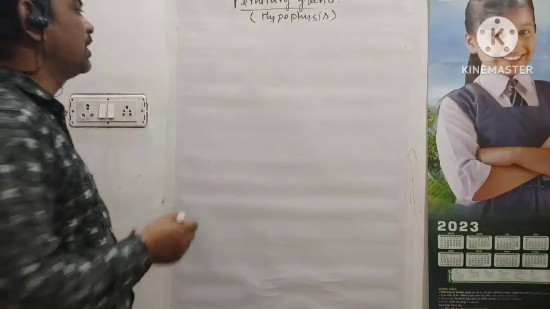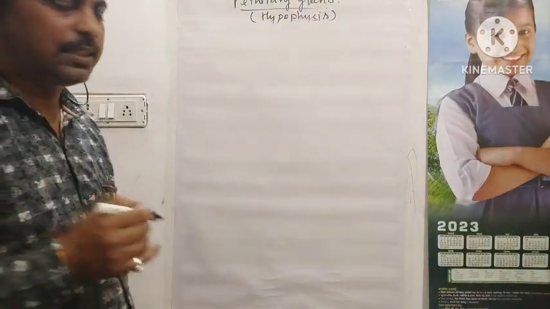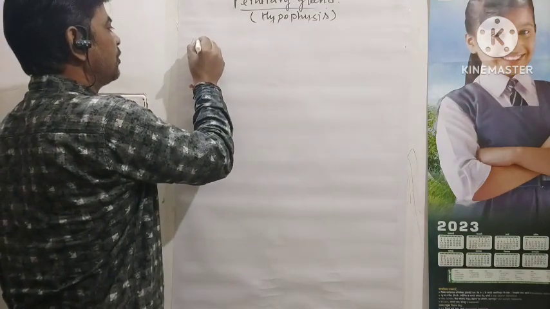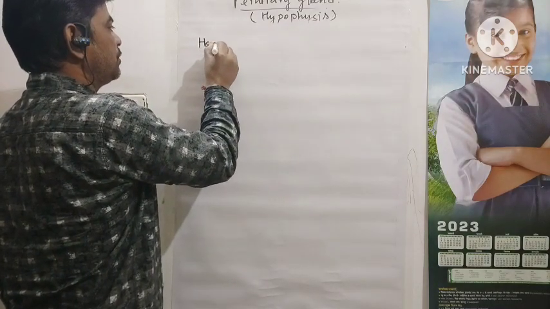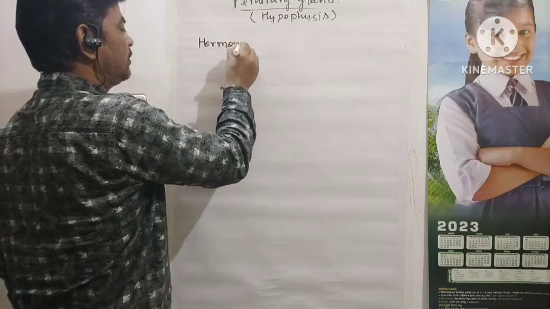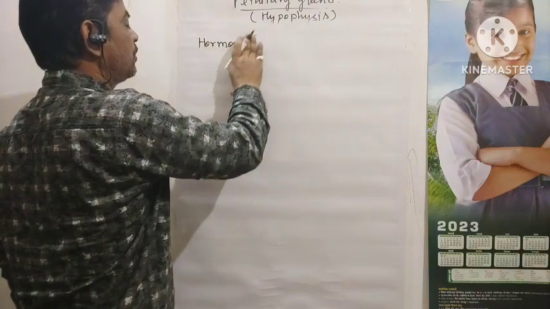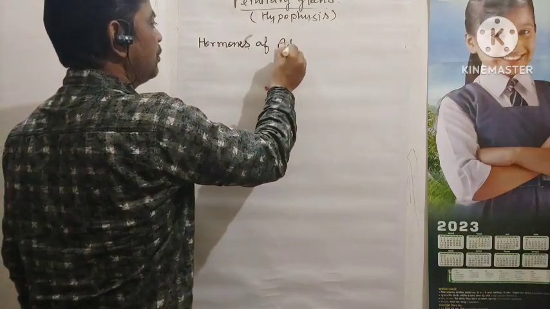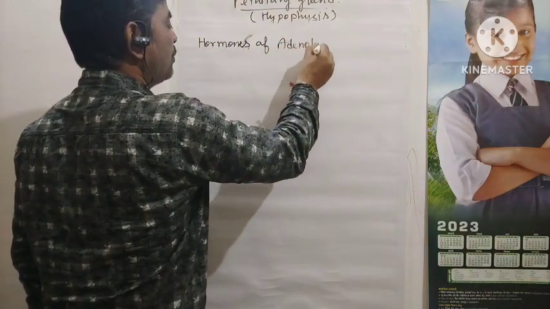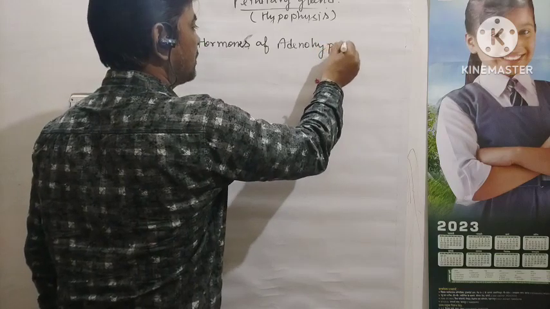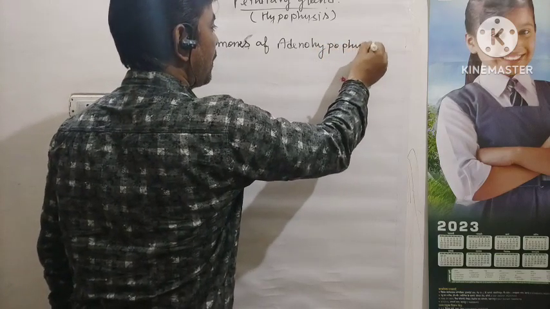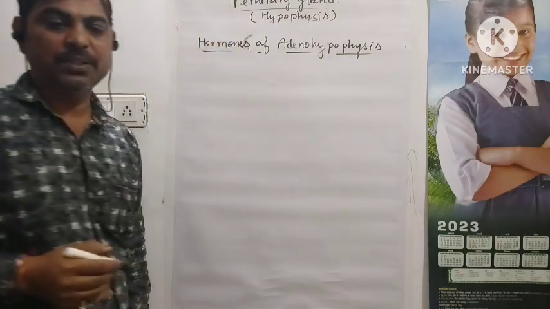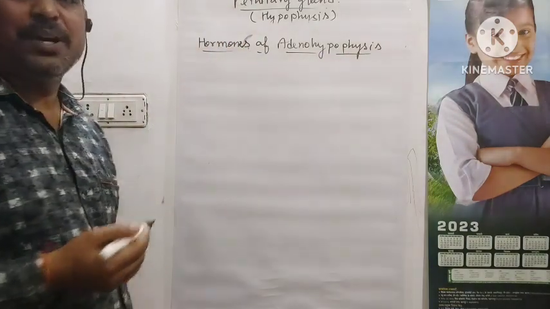Now let's study the hormones secreted by the adenohypophysis, that is the anterior lobe of the pituitary gland. The first hormone is somatotropin.